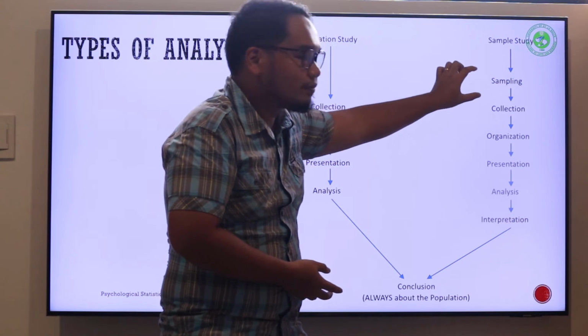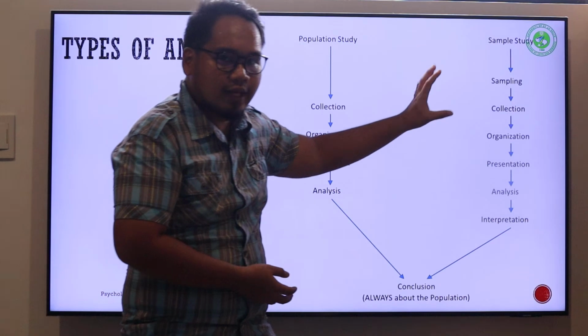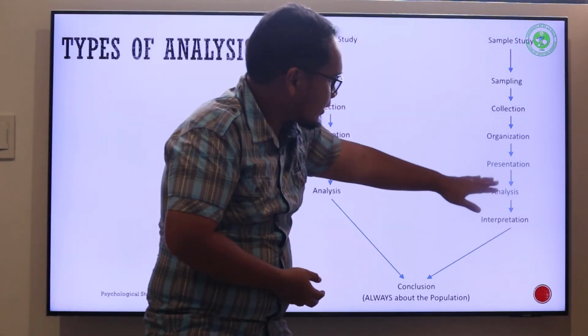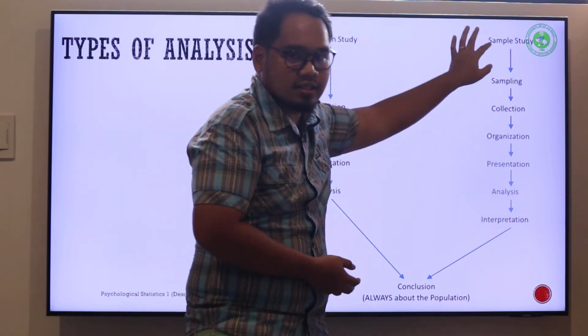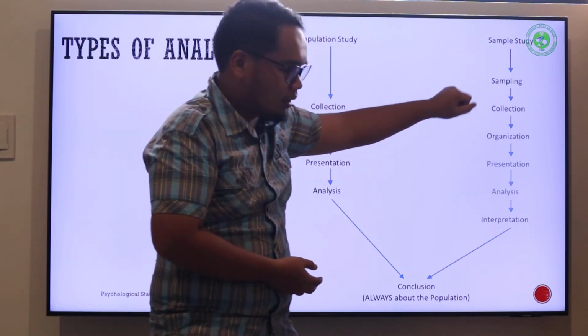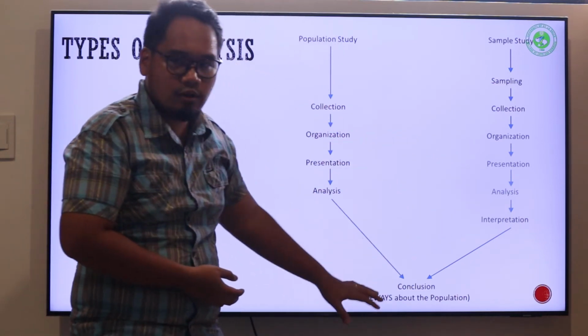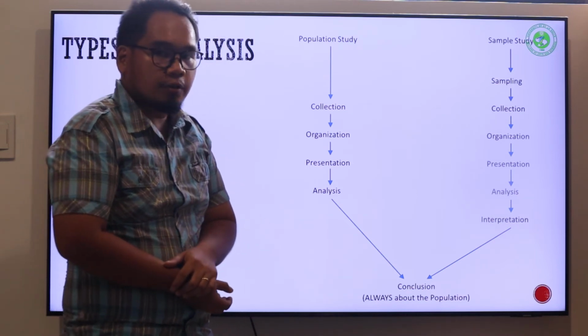This sample of yours, again, must be a representation of the population, because whatever you did in this process will be reflected to the population and not only to this small sample. And right after you interpret, you conclude, and conclusions are always about the population.